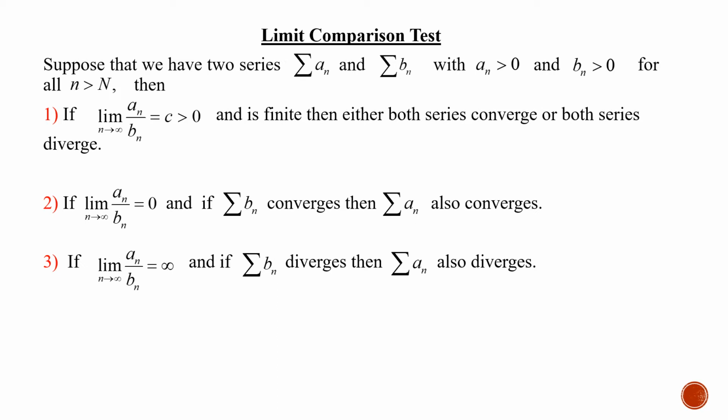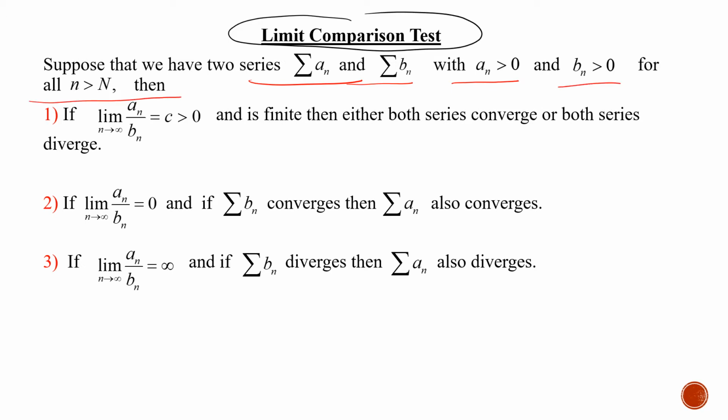So here is another important test for checking the convergence and divergence of a series. This is the limit comparison test. Suppose that we have two series an and bn, where an is greater than 0 and bn is also greater than 0 for all n greater than N, that is, after a specified integer N this inequality holds.